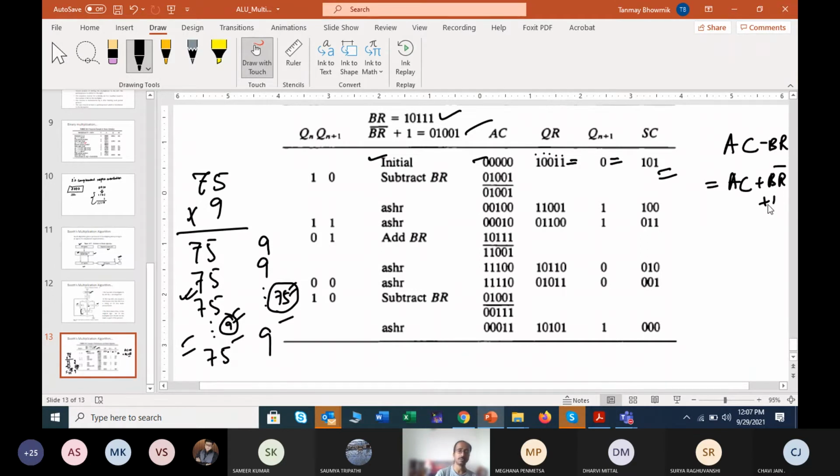Simple. That is why the option is kept that you will keep this complement of BR plus 1 ready, and you will simply put the value and add. So whenever you subtract, you will basically add this value, and whenever you add, you will add the other value. This is the normal common thing.